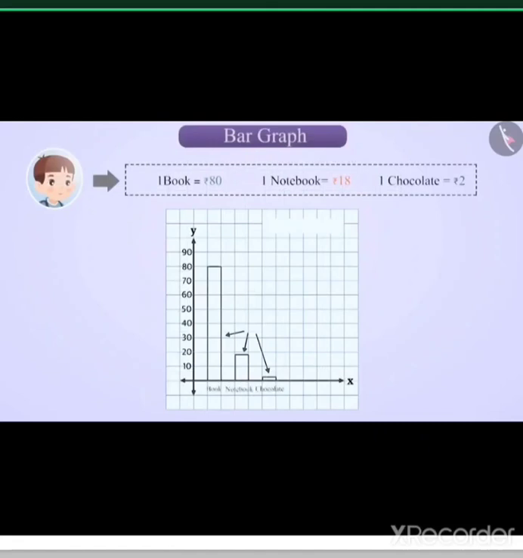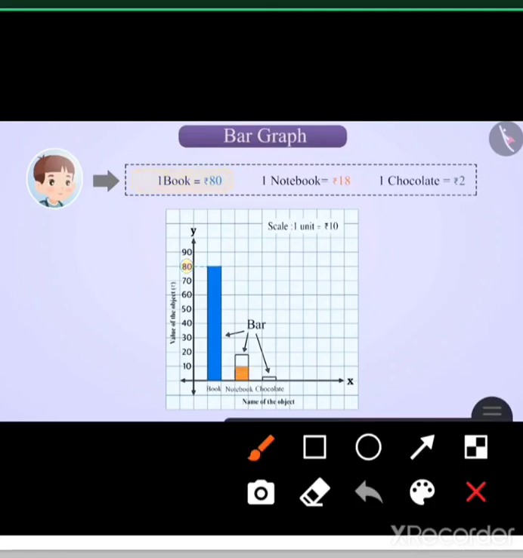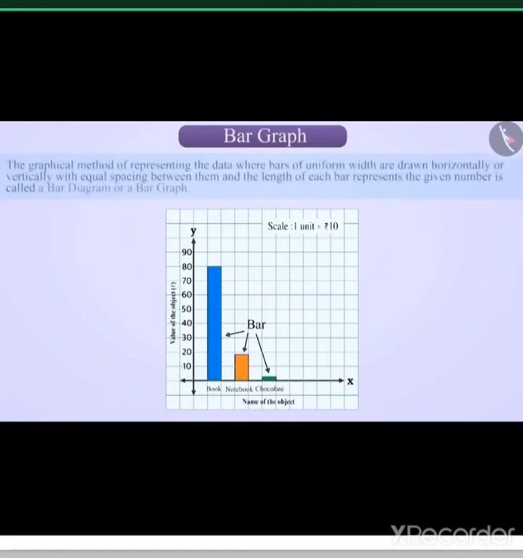So in the bar graph we can easily draw and represent. Here the blue standing line represents the cost of one book, that is 80, the yellow and orange color is one notebook, rupees 18, and the green color shows the cost of chocolate. So in this bar graph we can easily understand the data representation.